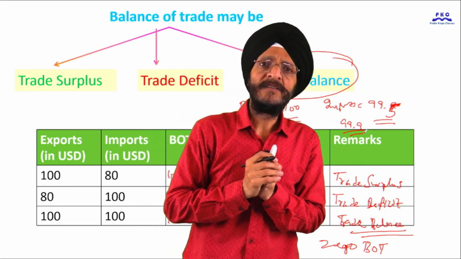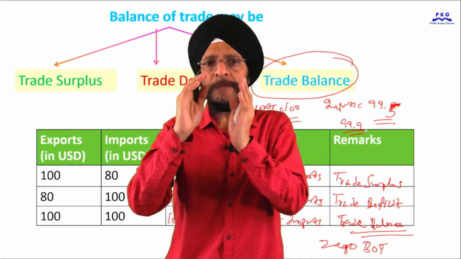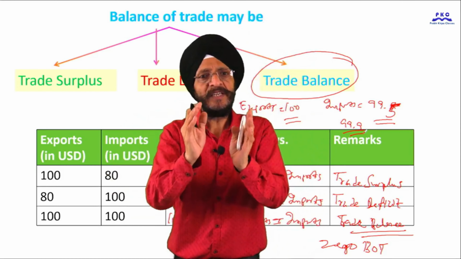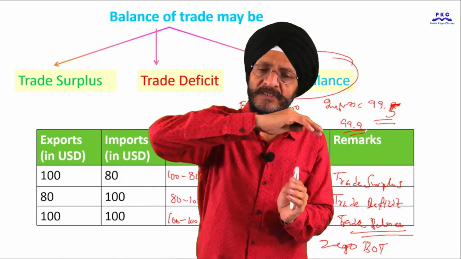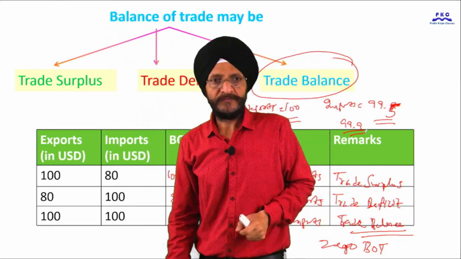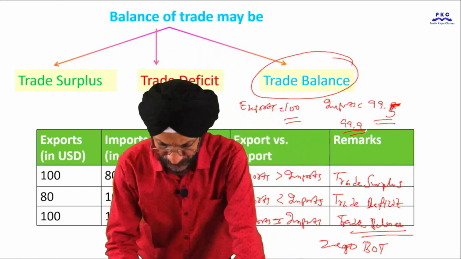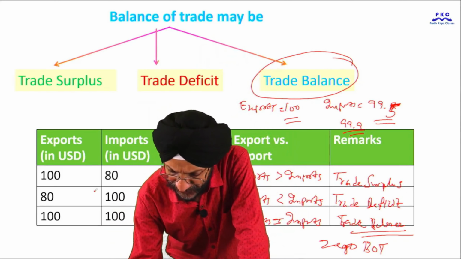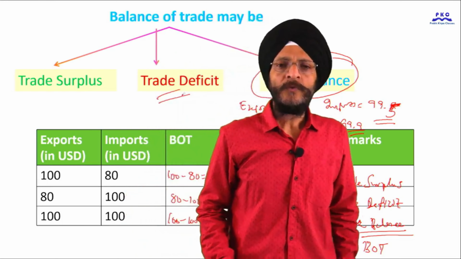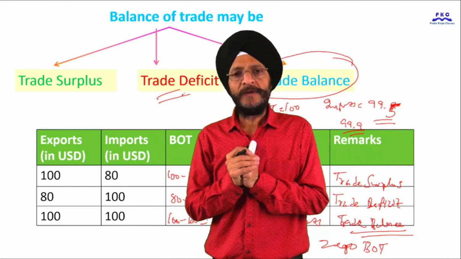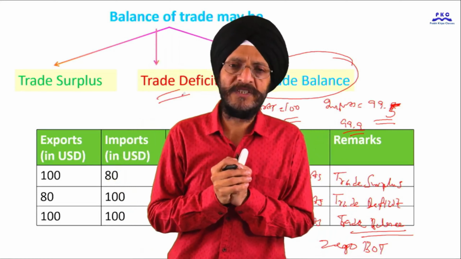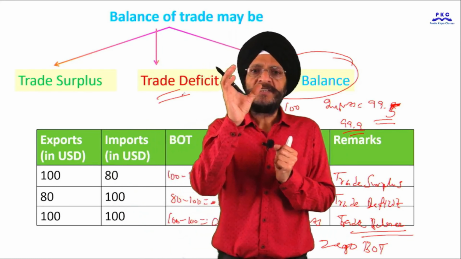In the real world, exports and imports are rarely equal to each other, and even if they are equal, this trend cannot continue for a long term. USA is having a trade deficit for the last so many years. Why? Because the currency of USA, which is the dollar, is very strong.